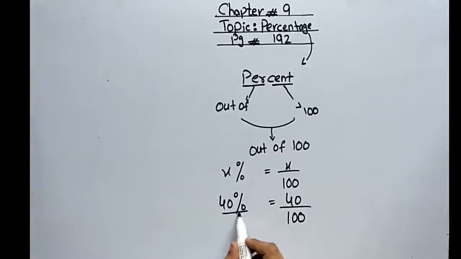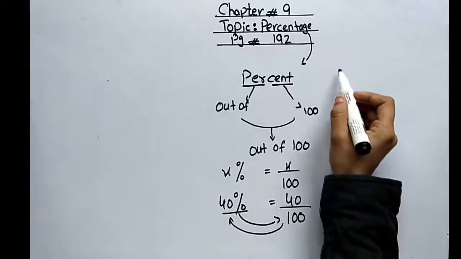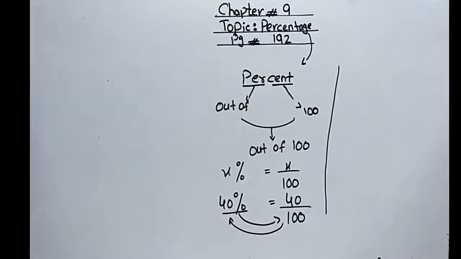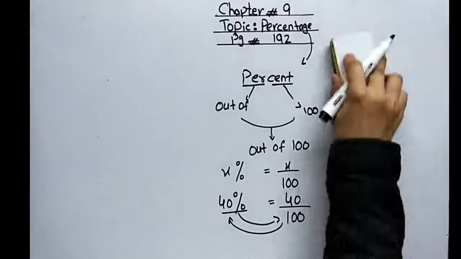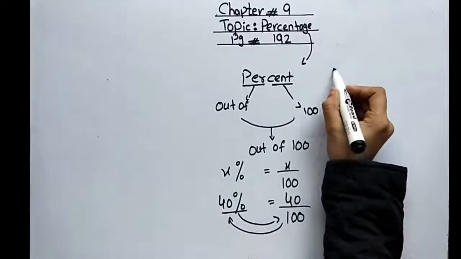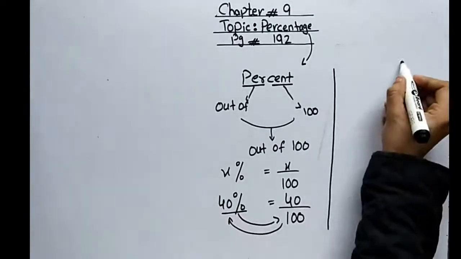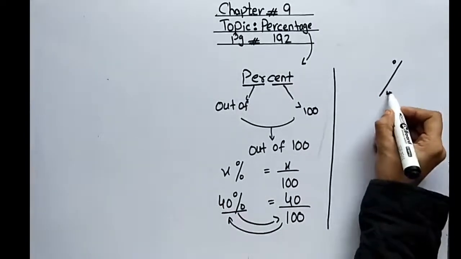So a percentage number can be written in fraction form and also in decimal form, and a fraction can also be converted into percentage form. So there is a reverse procedure between these forms. Now, the symbol of percentage is this one.